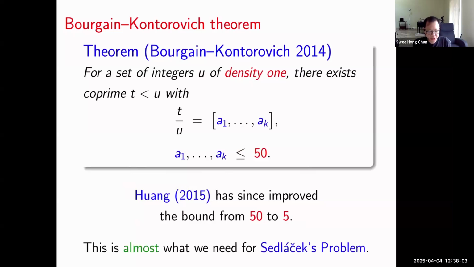And when I first learned about this result, I thought that this is exactly what is needed to prove our problem, to prove Sedlacek's problem. I discussed this with Igor, I discussed with Alex. All three of us agreed that this is the way to go. This is how we should solve this problem. At first, we tried very hard to improve our graph construction.